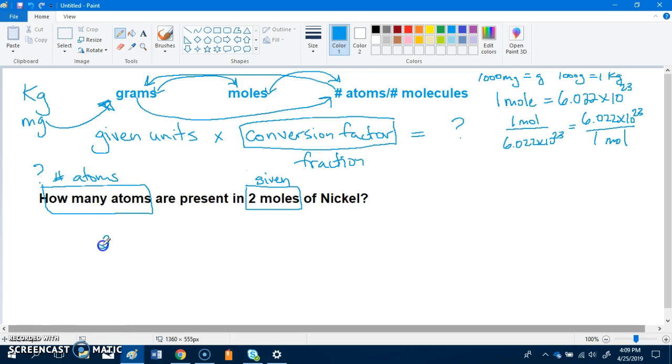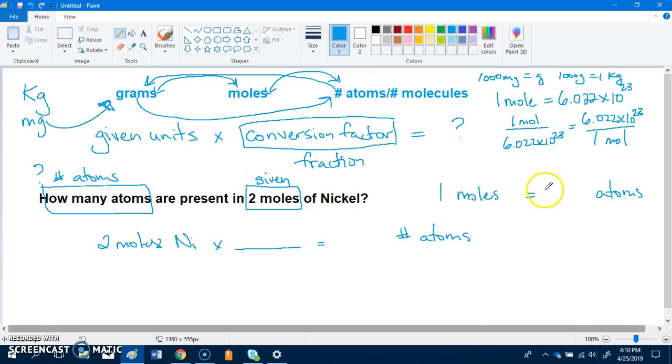So our given is 2 moles of nickel times a conversion factor, which is going to be equal to our number of atoms. The conversion factor we're going to want to use is moles to atoms.